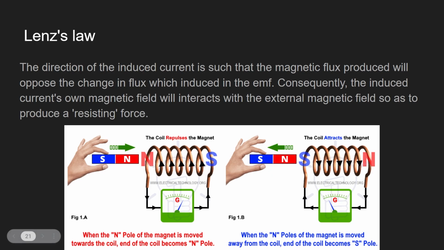Okay, it's Lenz's law. So when we have a changing B field, the coil resists the magnet, right? So we'll generate an opposing B field against the magnet. In other words, if the magnet is already inside the coil, when the magnet leaves, this coil will generate an opposing, attracting magnetic field to prevent it.